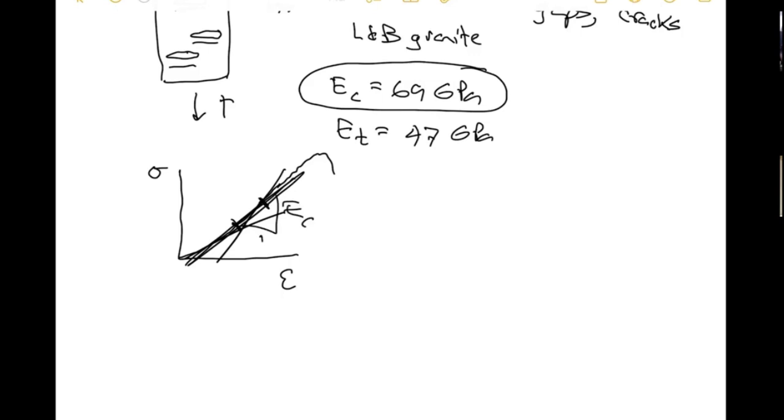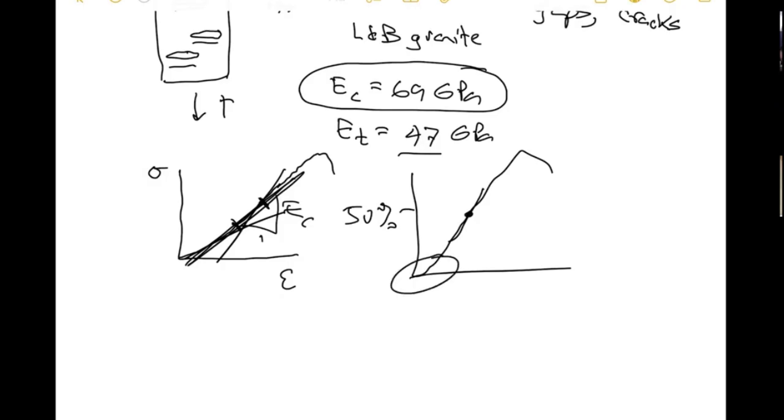Okay? And there's different ways, usually, sometimes people will take like 50% of the peak, and then they take the tangent modulus here, and they call that E_c. For many, many rocks, though, this is a pretty minor effect if they're very well connected, and many rocks are relatively well connected.